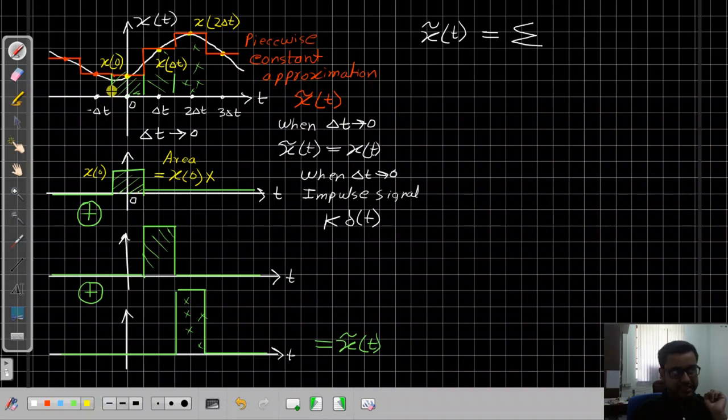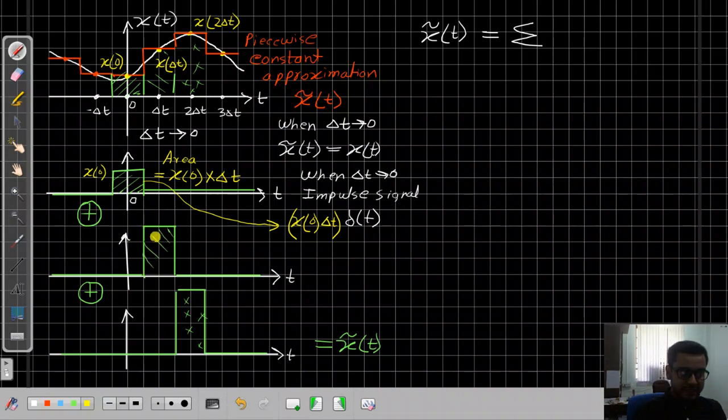You can see that this is equal to delta t. So this factor should represent the actual area under this curve, and that is x(0) times delta t. So this represents this signal.